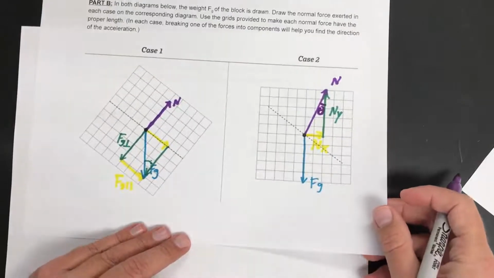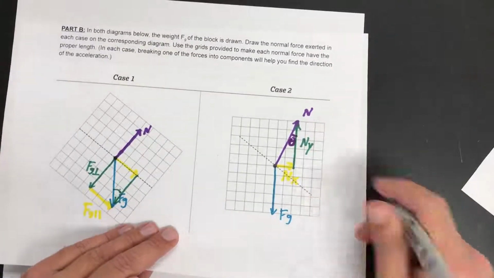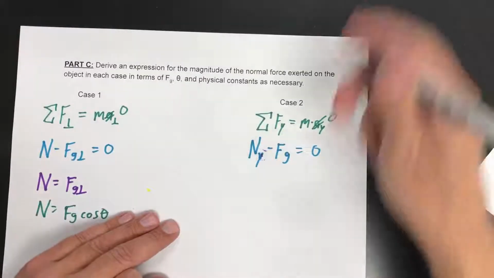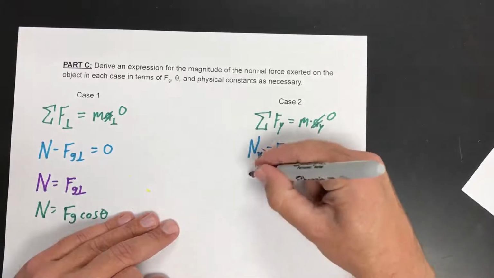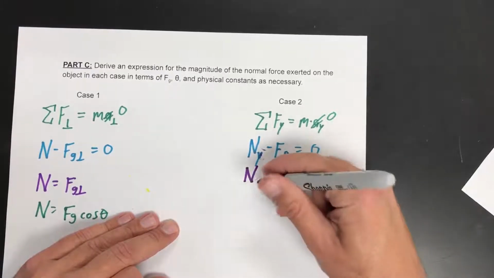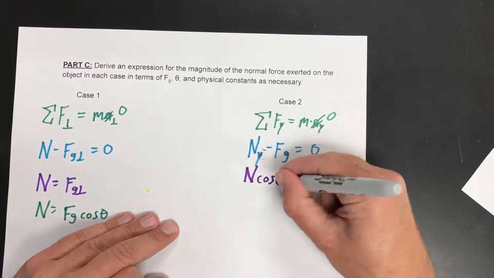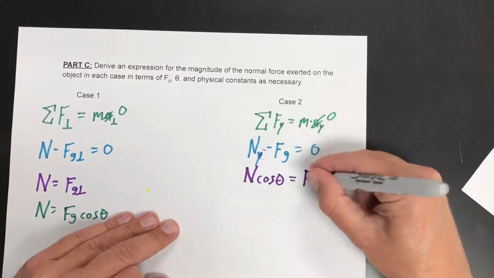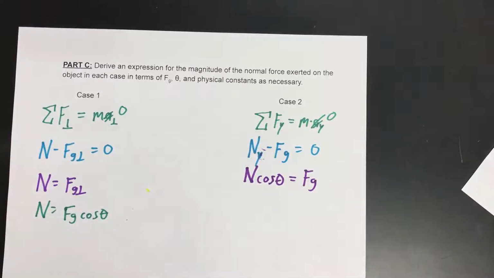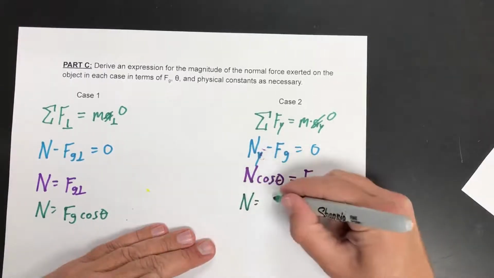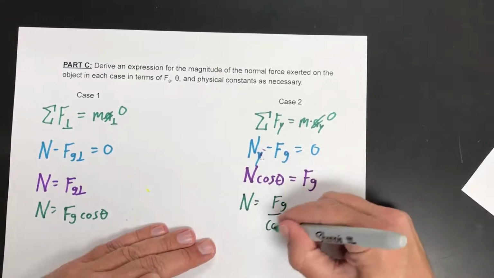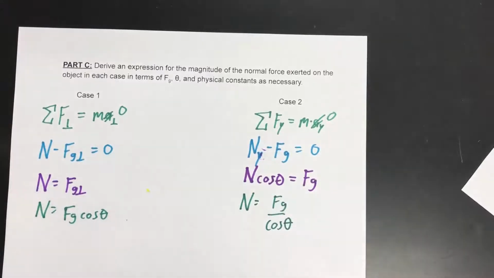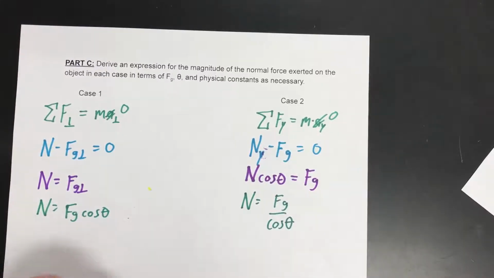So that's some complicated geometry, but that's the way it works out. So the normal force in the y direction will be normal times cosine of theta, and I'm going to move the Fg to the other side, and then one last line here. So normal then is equal to Fg divided by cosine of the angle. Over here it's multiplied by.